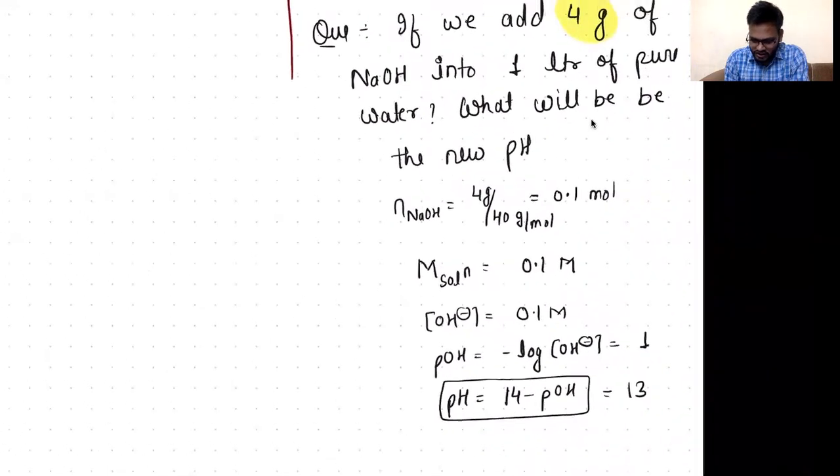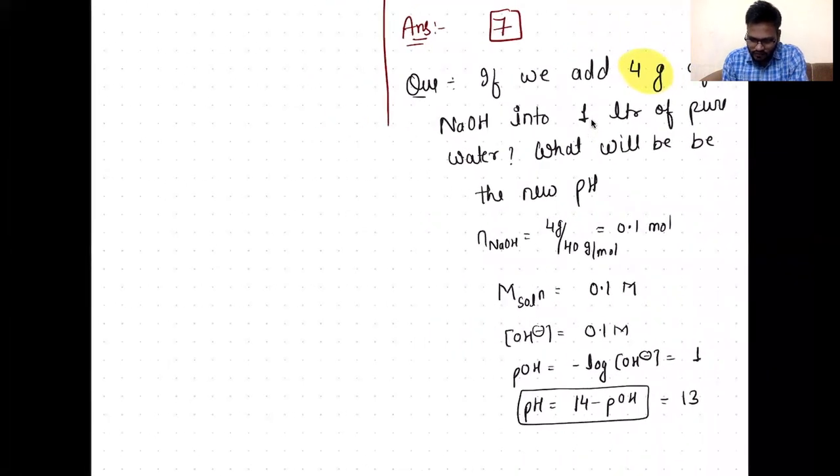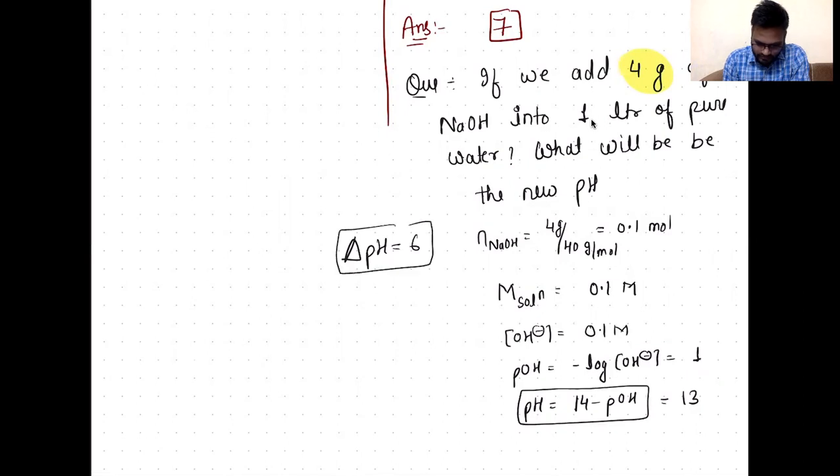So how much change in the pH happened on adding 4 gram of NaOH into pure water? It is delta pH will be 13 minus 7, that is 6. Okay, so it's a huge change in pH on adding 4 gram of NaOH only.